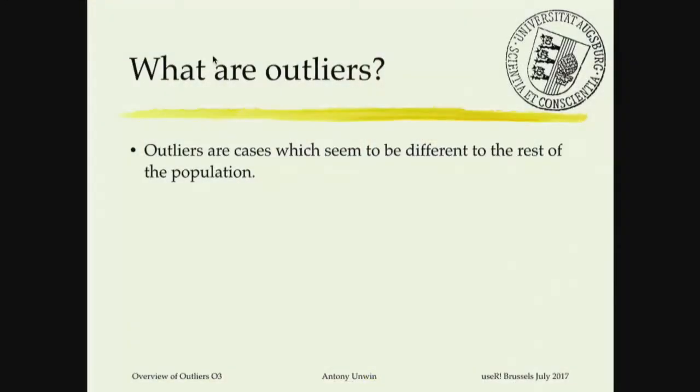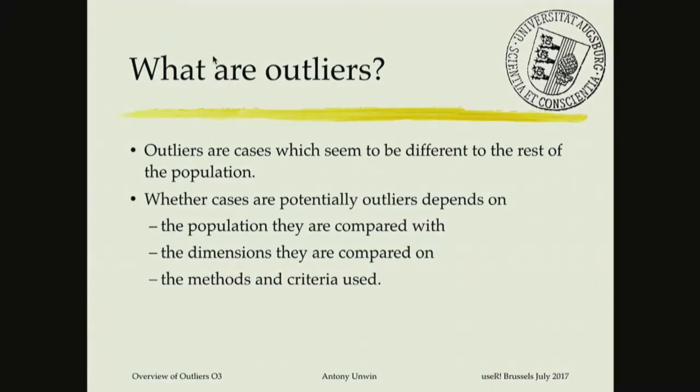So he's also an outlier. So what are we thinking of outliers generally? Well, actually, it depends. They're different to the rest of the population. So if Isaiah Thomas was here today, he wouldn't actually be much different on height from the rest of us. But in basketball, he definitely looks rather different. But it's not just the population that matters. It's the dimensions you compare them on.